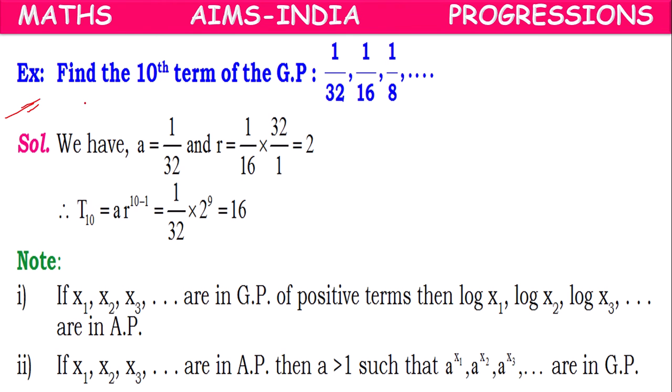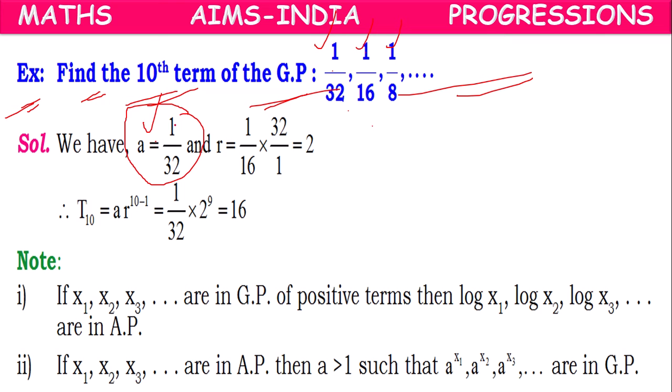Next example, children. Find the 10th term of the GP 1 by 32, 1 by 16, 1 by 8, and so on. Here, the first term a is 1 by 32, and the common ratio r is T2 by T1, because the given sequence is a GP.